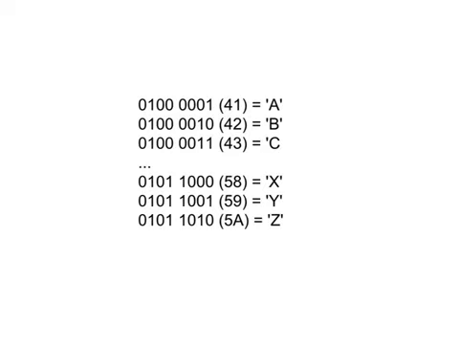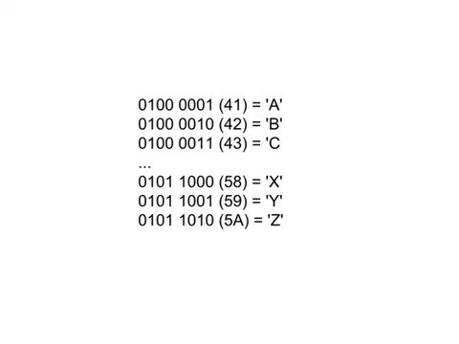So here is an example of some letters in ASCII and how they are represented in binary. Now let's take a look at the first one, which is the letter A. The way you represent A in binary, and don't worry, you won't have to memorize this, is 01000001, which if you were representing that value in hexadecimal, this is 4 and this is 1, so it would be 41 in hexadecimal.